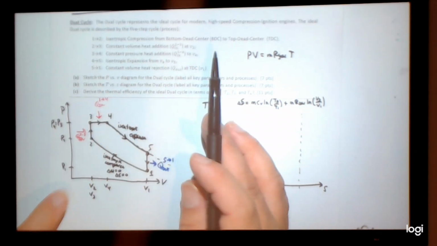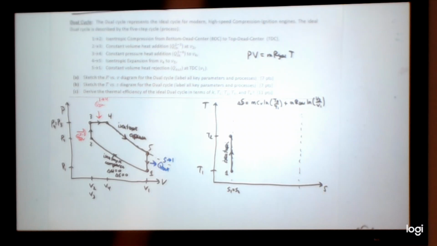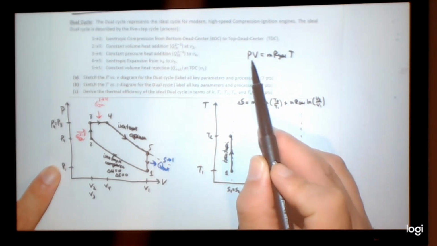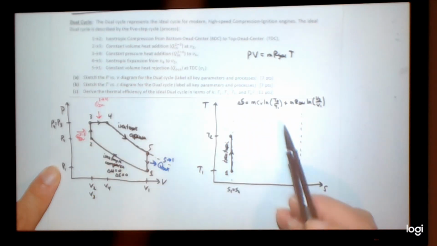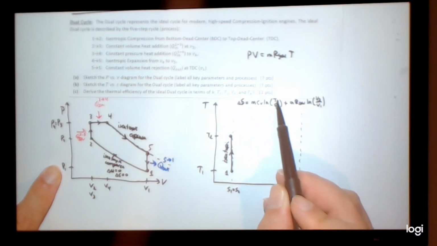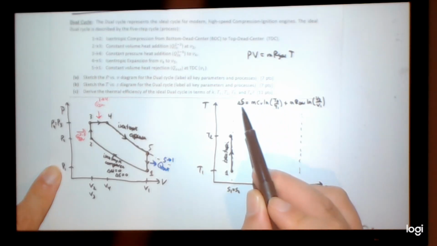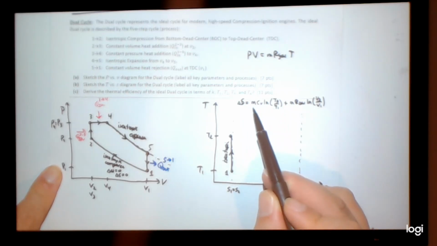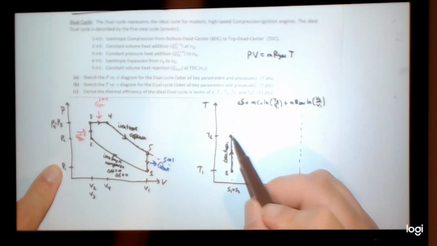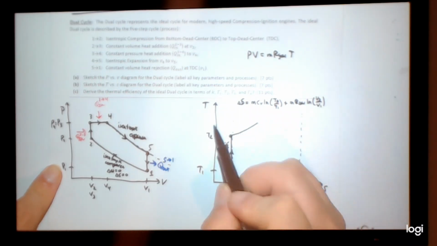I added heat, what should happen to the temperature? Again, we just did this. Constant volume heat addition, temperature went up, pressure went up. So I should have some increase in pressure, and T3 is greater than T2, and delta S is a positive number. So I end up going in this direction. And I'm going to draw it like such.